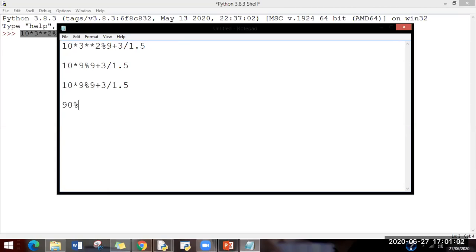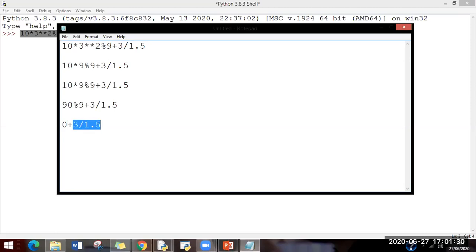And 90 then modulus by 9. That's 3 divided by 1.5. On solving this, I will get 0, because when you divide 90 by 9, there is no remainder. It will be divided 10 times straight.